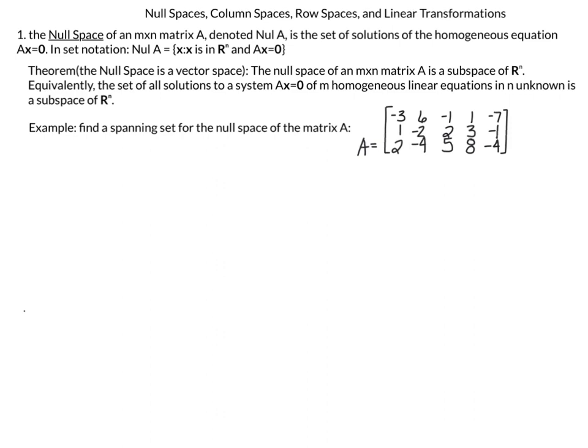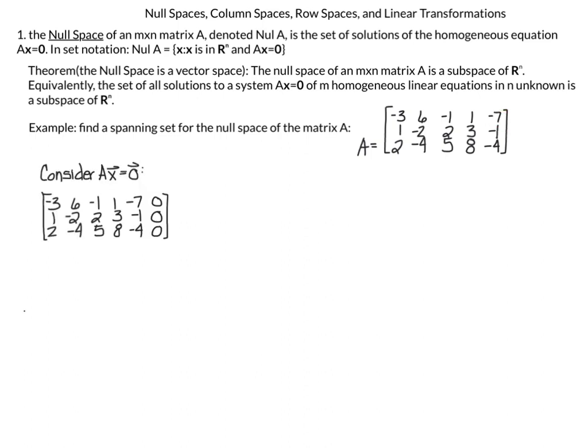The next example is to find the spanning set for the null space of the matrix A, where A has the column vectors -3, 1, 2, 6, -2, -4, -1, 2, 5, 1, 3, 8, -7, -1, -4. Since we are talking about the null space, we need to consider the matrix equation Ax equals 0.